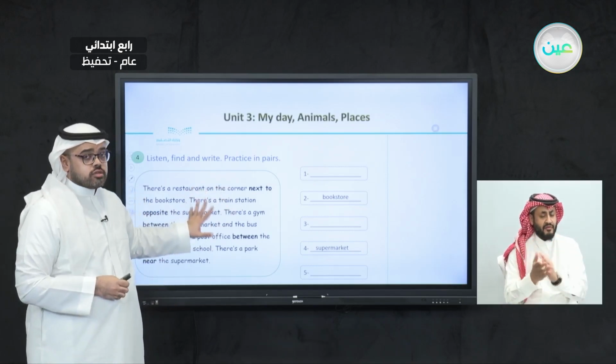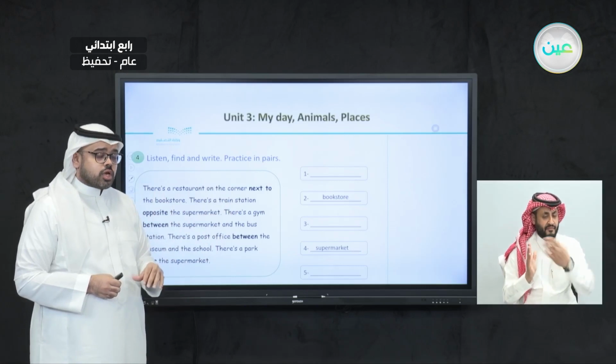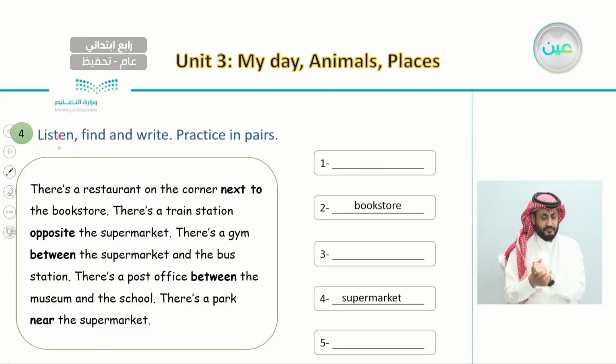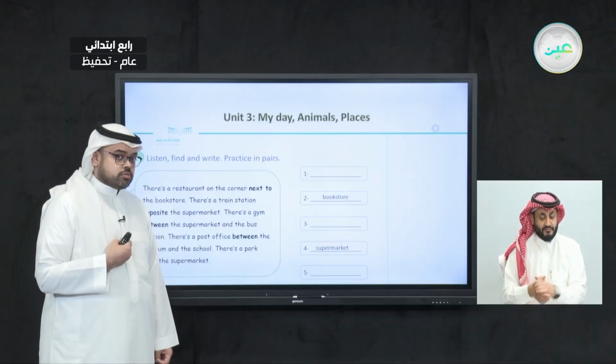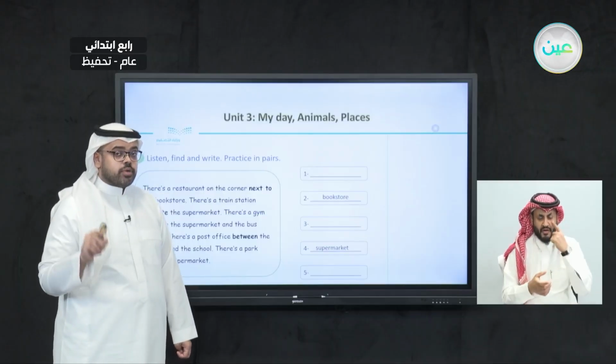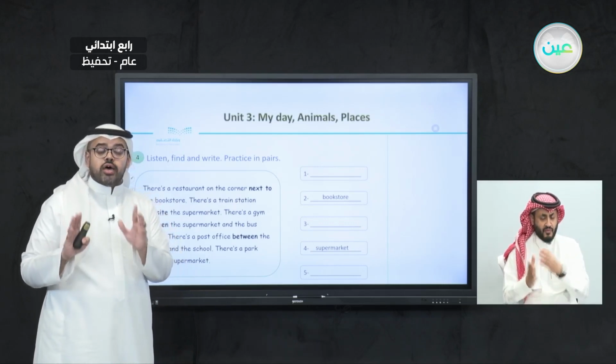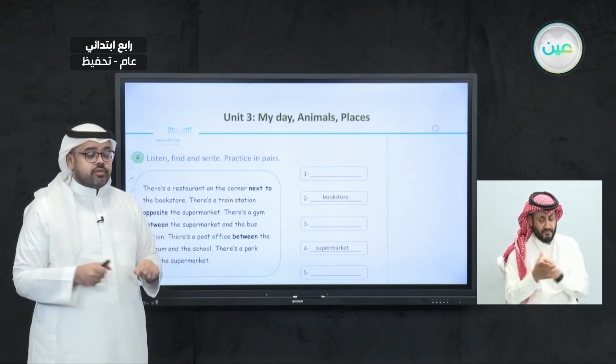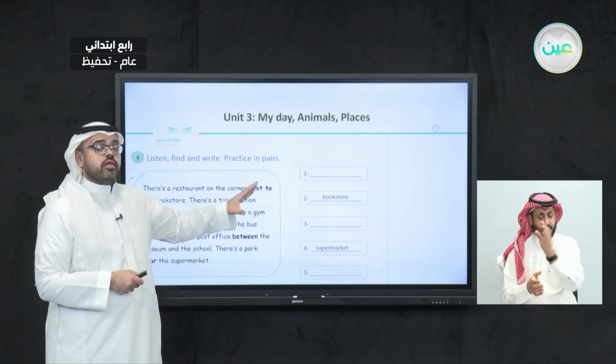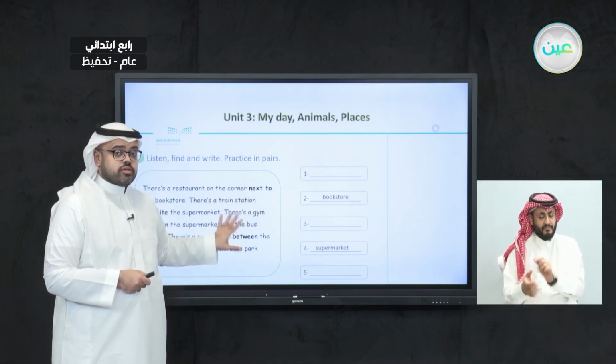Next to it is this text. What we're going to do here is I would like you to listen and find the place according to this text and write it in these blanks. So I would like you to listen to me and look at the picture or map that you have in your book. And after this, we can fill in the blanks according to this text.